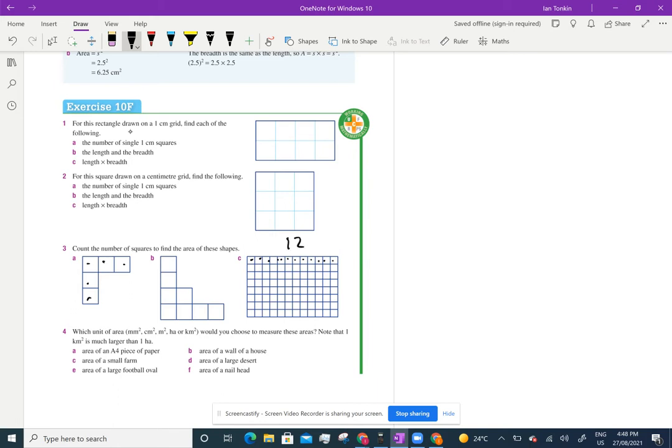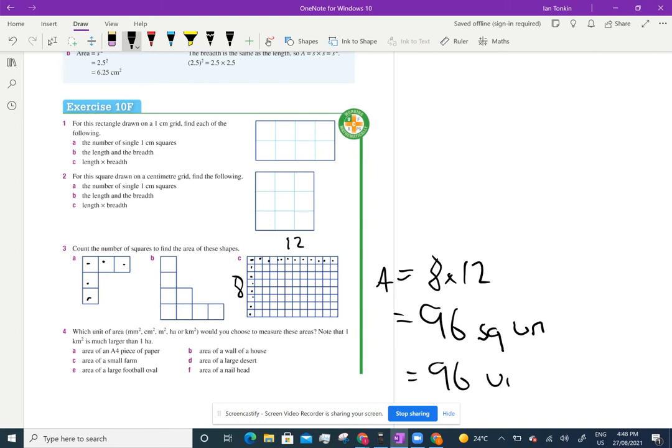So I've got 12 along the top. And 8 along here. So the area here is 8 times 12. 8 tens are 80, 8 twos are 16, 96 square units, or 96 unit squares.